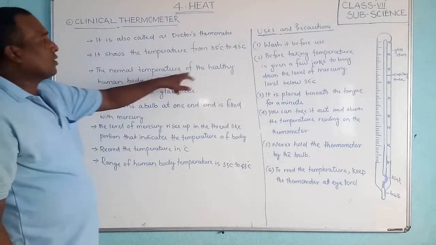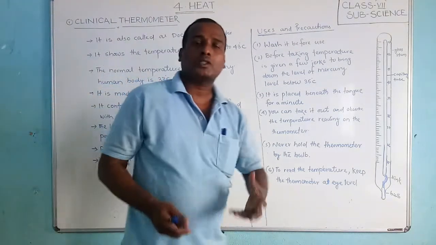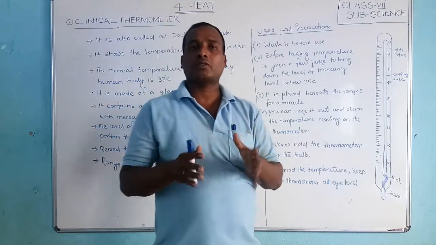The normal temperature of a healthy human body is 37 degrees Celsius.